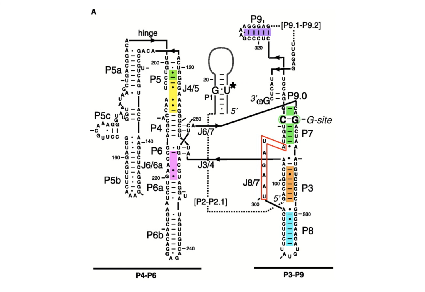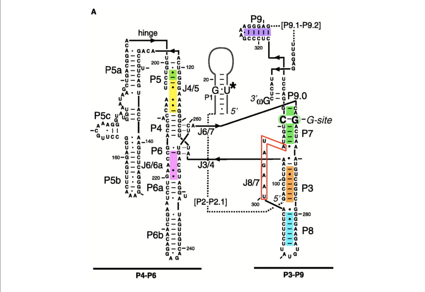Then there's the G site in the P7 region, and then up where P9 is, it loops around to ultimately go to this omega G, which is the last G in the intron.